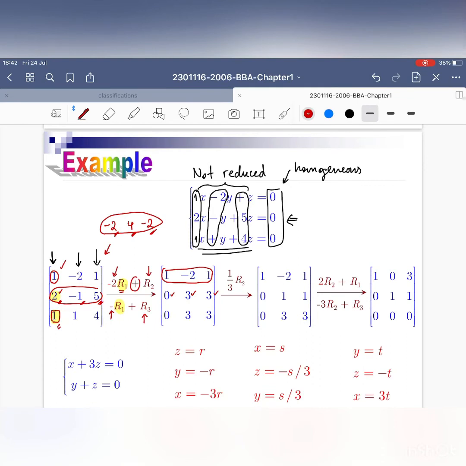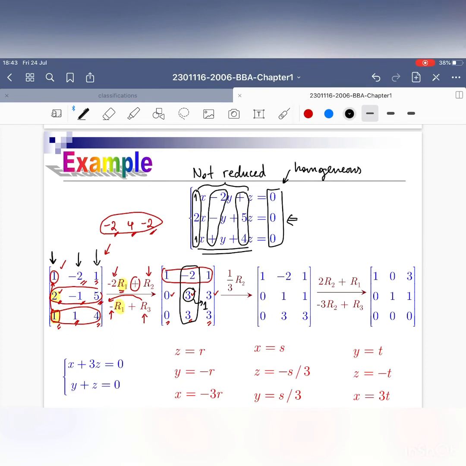It means that you simply do R3 minus R1. So 1 minus 1 is 0. 1 minus -2, you got a 3. 4 minus 1, you got another 3. So we are done for your first column. Now you are going to sweep to your second column, and look at the second position of your second column. It must be 1.